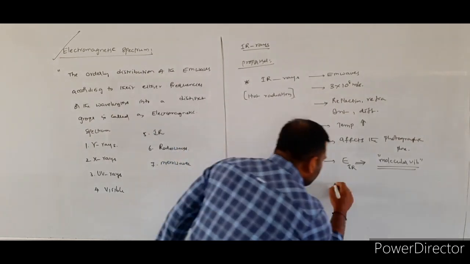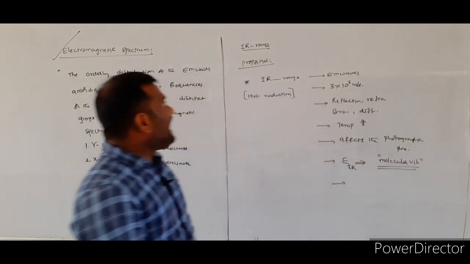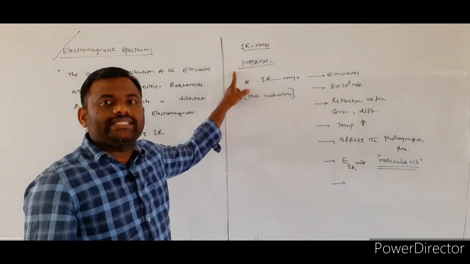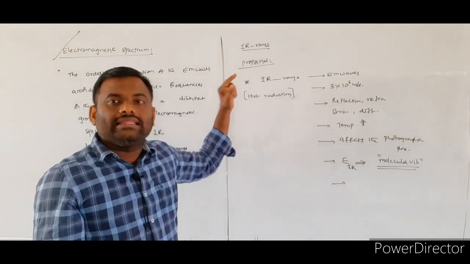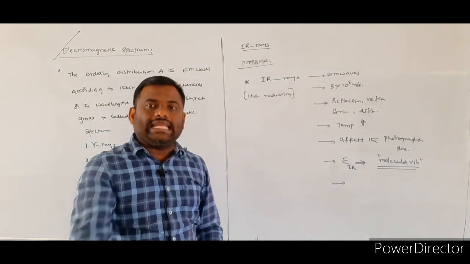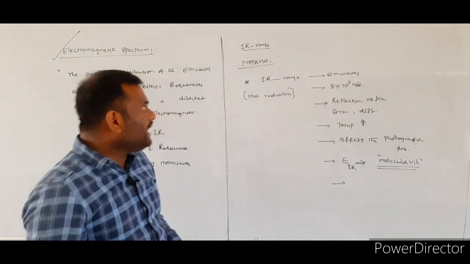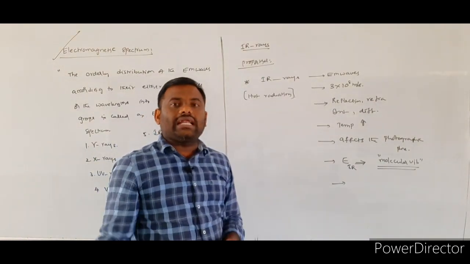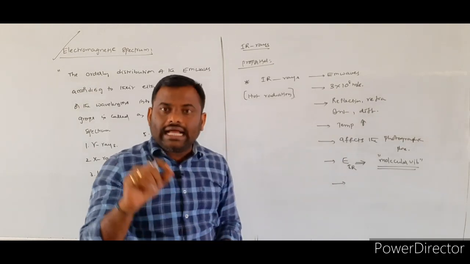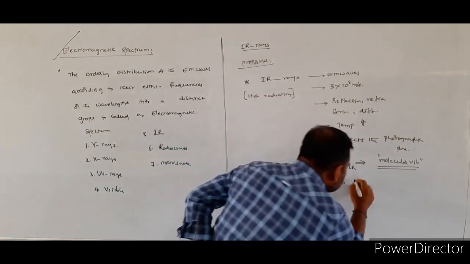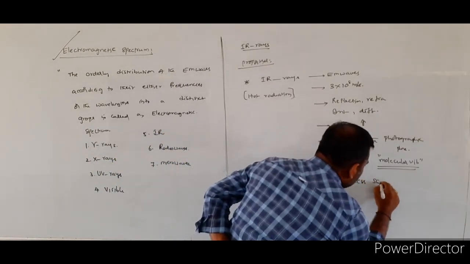And the next point is, the scattering of IR radiation is very small. What is the meaning of scattering? Bending away from the initial direction of motion. Whenever IR radiations travel in a given medium, they undergo less scattering.